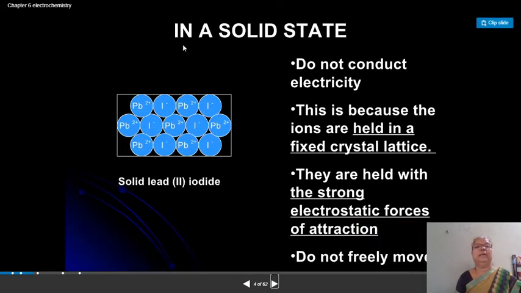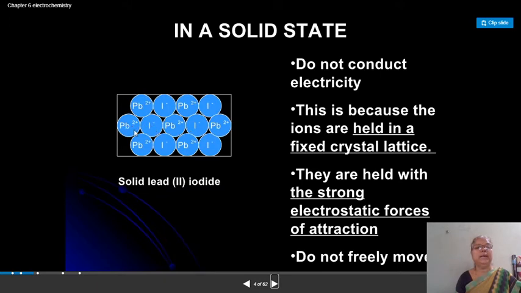Then, a material in the solid state cannot conduct electricity, because the ions are held in a fixed crystal lattice in the solid state. Here it is shown, the lead iodide solid.